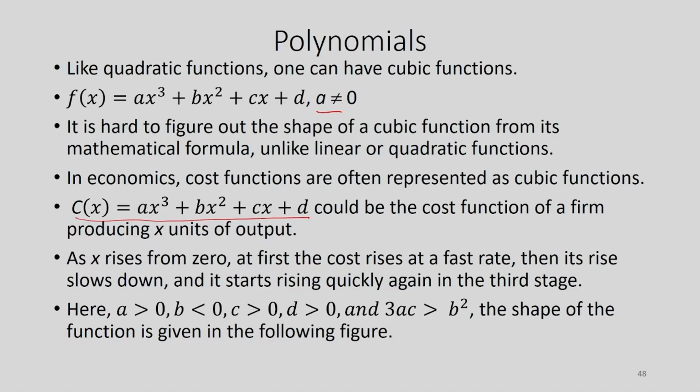You do not have a lot of output to produce, and at that point of time there might be some inefficiencies, because you are not using the plants properly. So, at that point costs might be rising at a very fast rate. After a point of time, you might be reaching your optimal level of output. So, there the cost is rising, but not at a very fast rate, and finally, there might be shortages after a point of time. There the cost will be rising at a very fast rate.